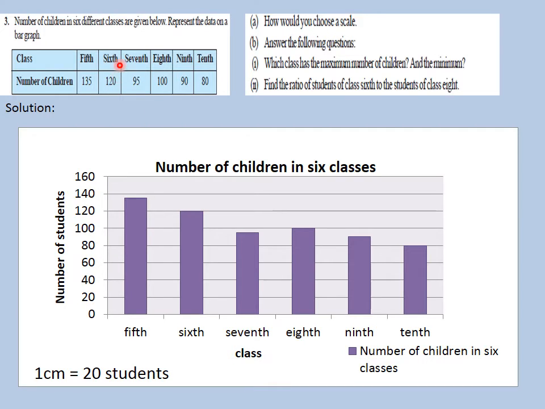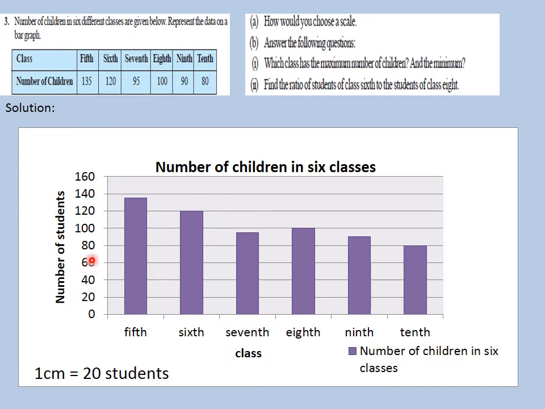In 6th class we have 120 students, exactly 120, because we have taken 1 centimeter equal to 20 students. So 20, 40, 60, 80, 100, 120, 140, 160.